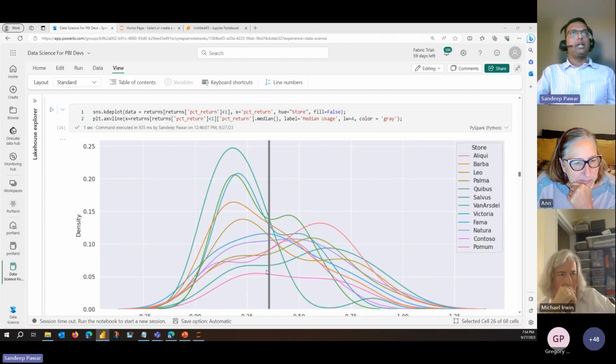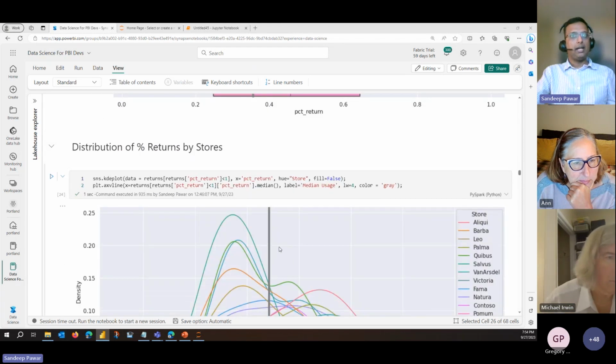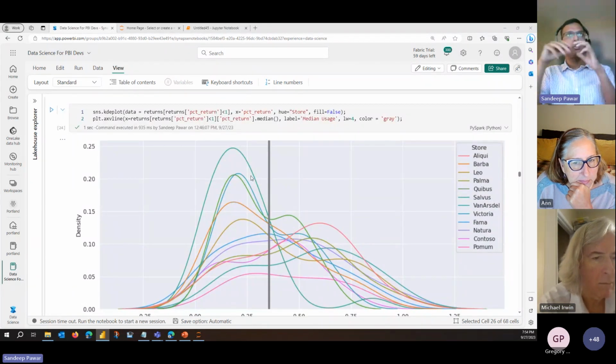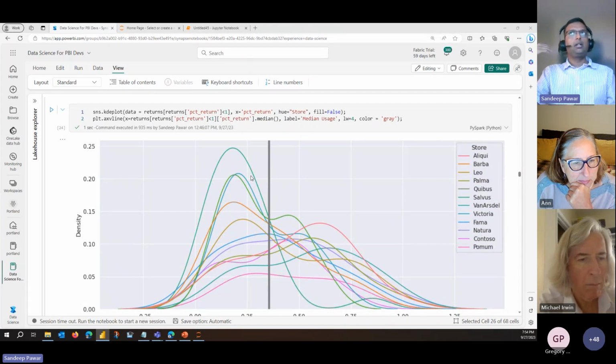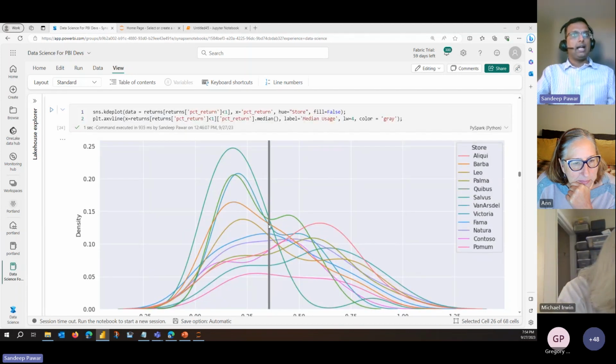Further, if I break it down again, just this portion, by the density or the overall distribution of these percentage return rates, it confirms my hypothesis. What this is showing me is that right in the center is, let's say, the average.